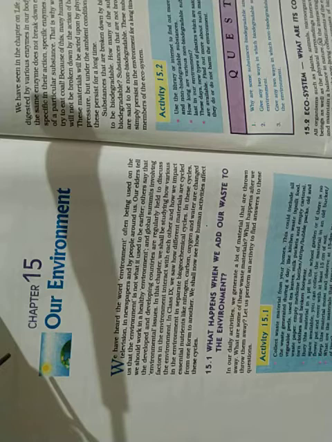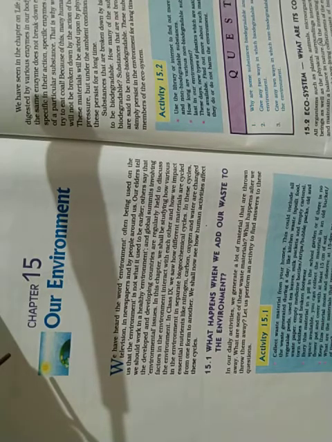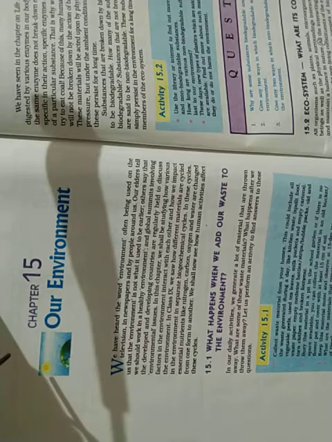We will now describe a simple experiment to find out whether a given material is biodegradable or non-biodegradable. You can do the activity yourself also. You can dig the soil, put some pieces of paper under the soil and bury it, and in another pit you can put some plastic waste and bury it.